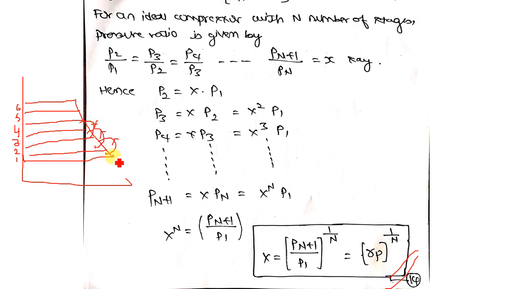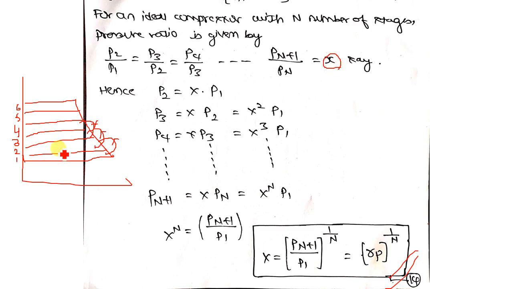The pressure ratio I will take as x. Now if I equate the first term with x, P2 by P1 is equal to x, so P2 is equal to x times P1, correct? Similarly, if I equate the second term with x, that is P3 by P2 is equal to x, then P3 is equal to x times P2. P2 I have just noted down as x times P1.